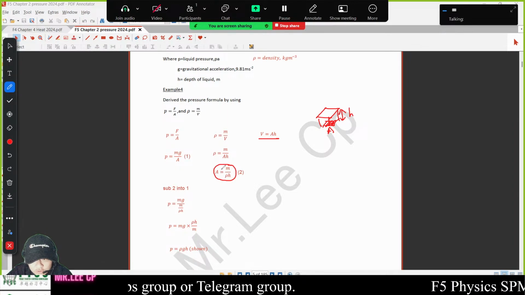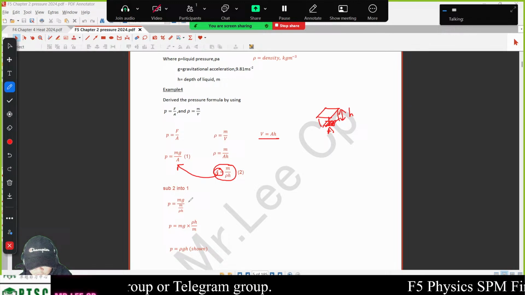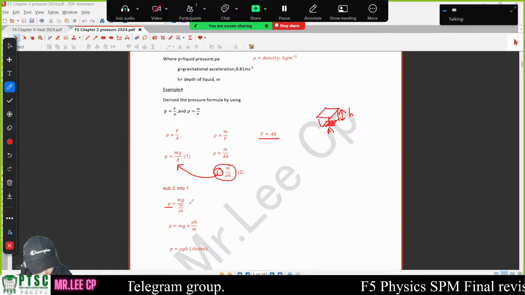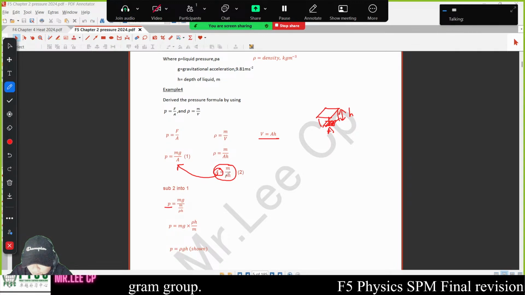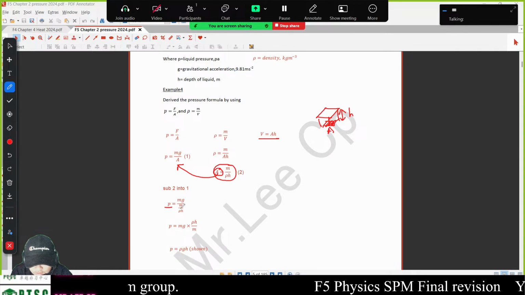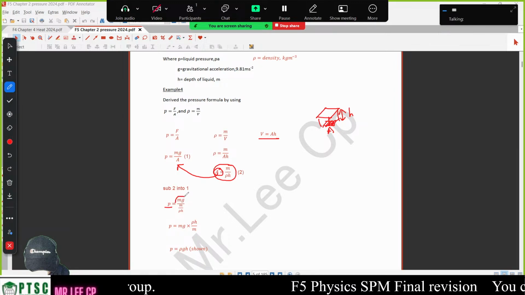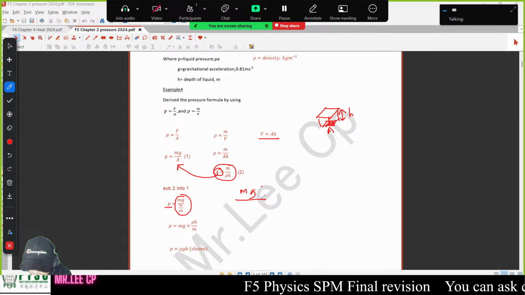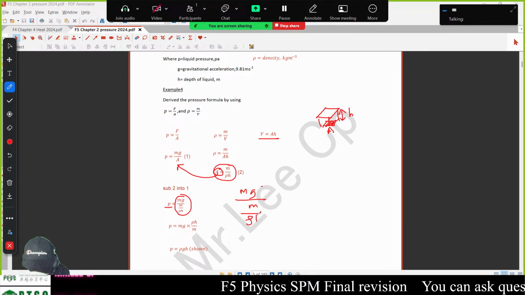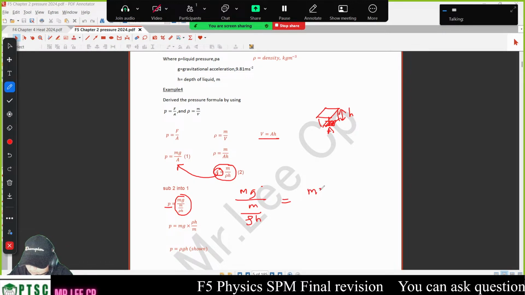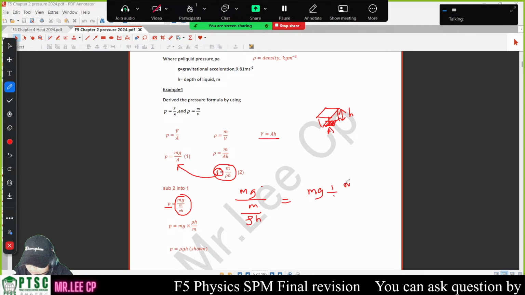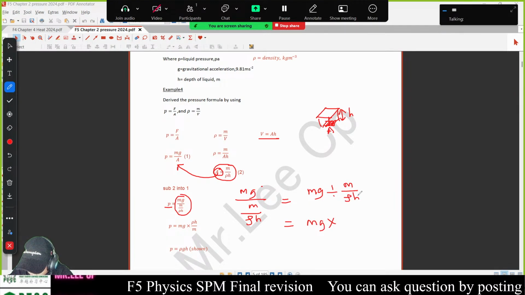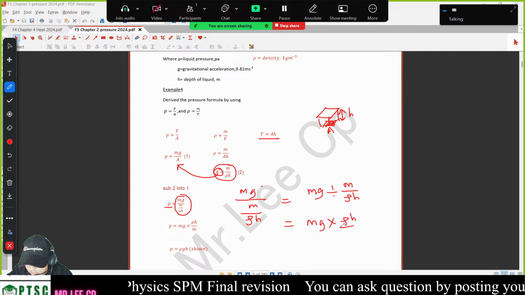You substitute this A into here. So pressure is mass times gravity divided by m over rho h, which is equivalent to mg times rho h over m.